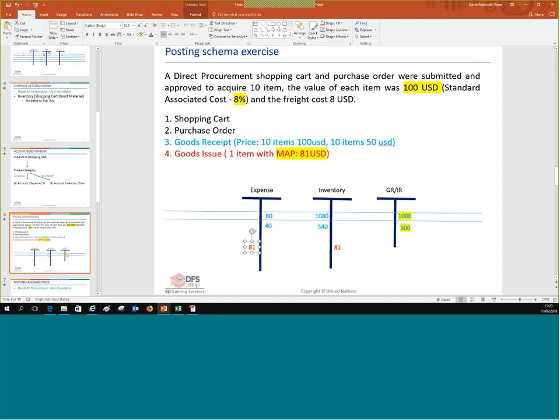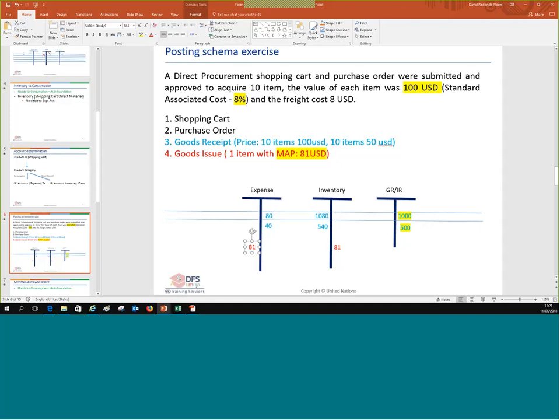Exactly. So if there is already a goods issue that has been posted with the wrong moving average price, it's mandatory to reverse the goods issue. But apart from reversing the wrong posting, which will clean your accounts, the moving average price, which is an inventory concept, needs to be recalculated.